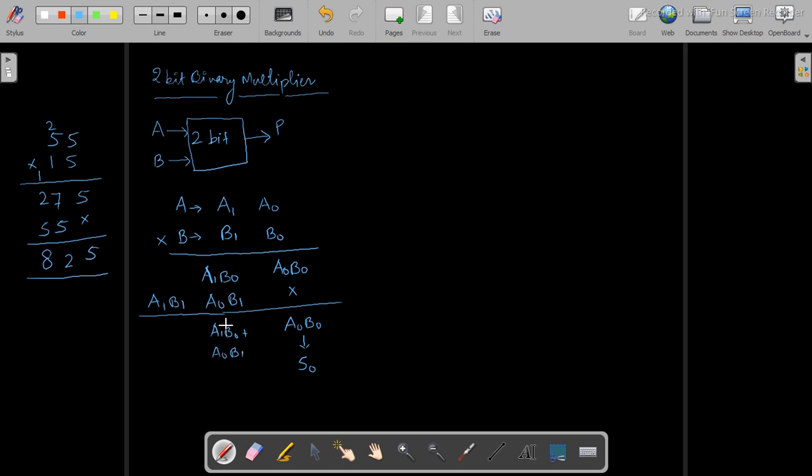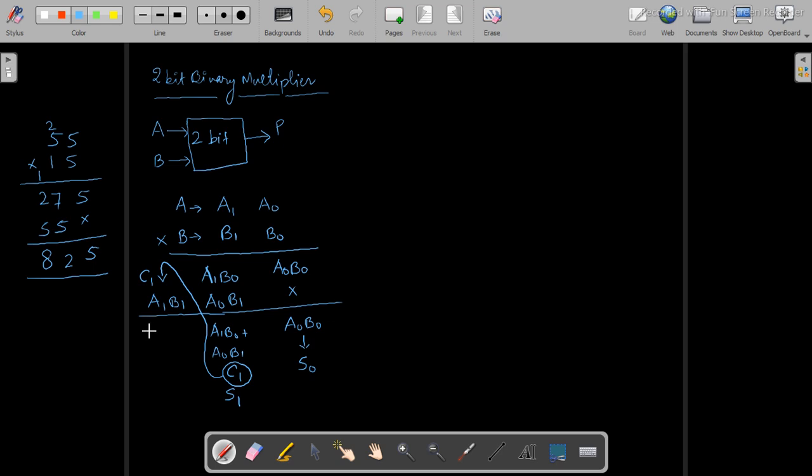If we add these two numbers, we'll get a certain sum, and that sum may be represented by S1, similar to S0. So if in case there is a carry out from this bit, that is C1, that will be the input for the next bit. So if there is a carry coming out after adding these two numbers, that will go to the other bit, and we can add these two numbers again.